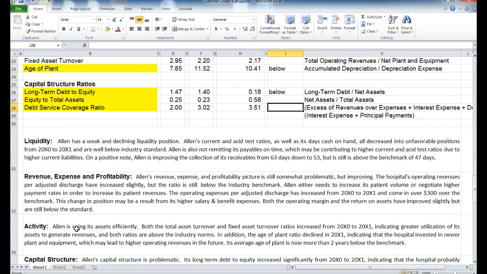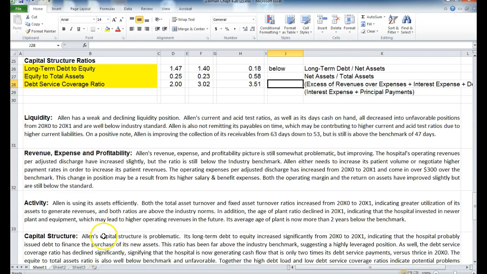So let's summarize on Allen Community Hospital. Our liquidity that we talked about in the beginning was weak, and they were in a declining position. All of their ratios, the asset test, the current, as well as days cash on hand, all decreased into unfavorable positions from year 2000 to 2001 and are below the industry standard.